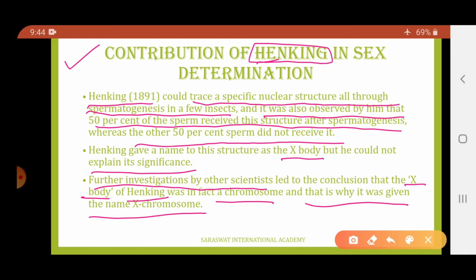That structure was named X body by Henking, but he could not explain its significance. Later, other scientists carried out experiments, investigated these structures, and concluded that it is one of the chromosomes, which was later called the X chromosome.